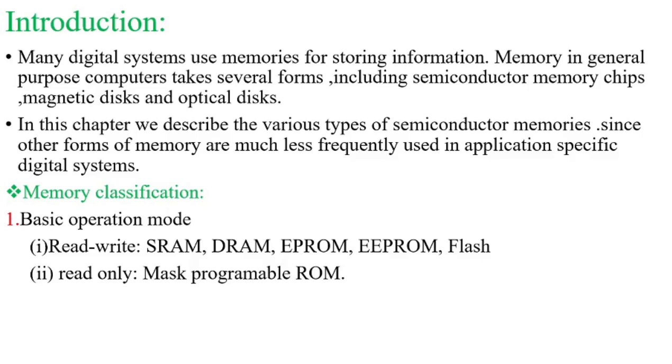Now we are discussing the classification of the memories. First, the basic operation mode. Based on the operation mode, the memories can be classified into two types: the read-write memory and the read-only memory. The read-write memory has two operations, the read operation and the write operation.